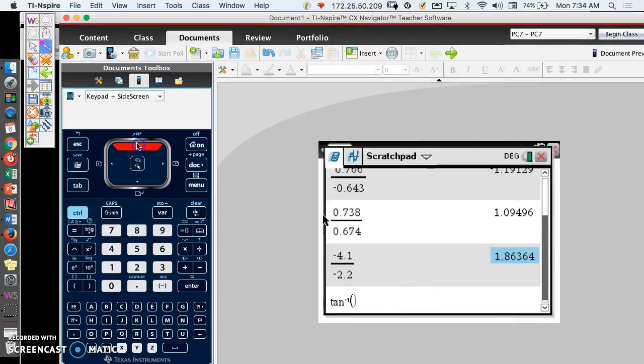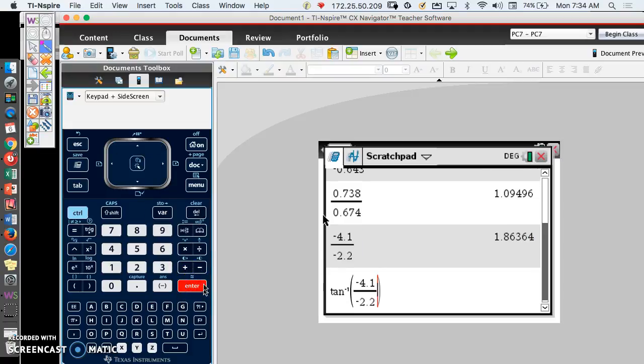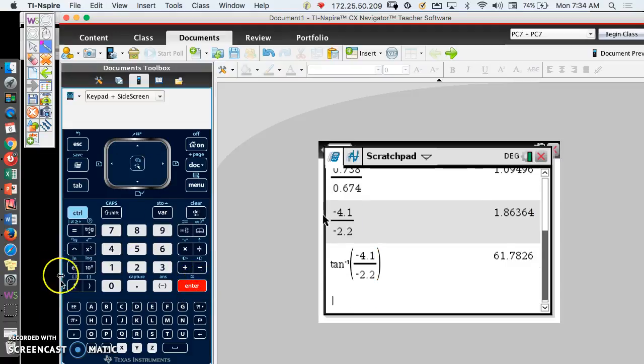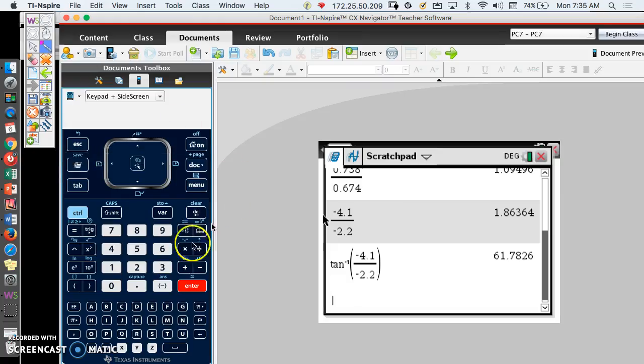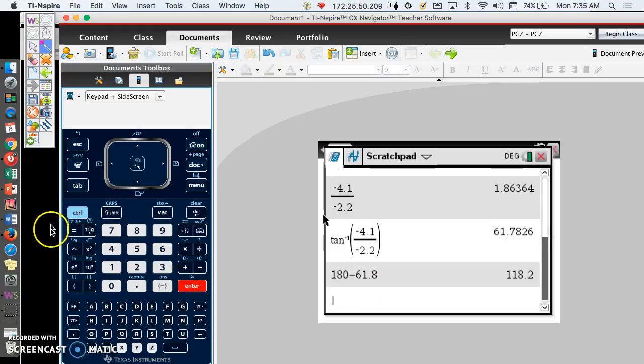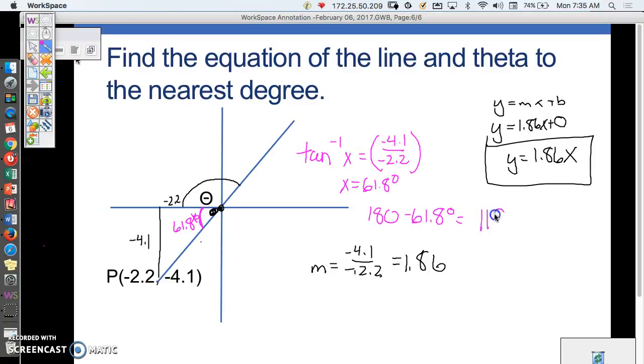Oh, and I have that fraction, I'm just going to grab that. So 61.8 degrees. So if this is 61.8 degrees, that's a straight line, 180. So 180 minus 61.8 degrees is 118.2 degrees.